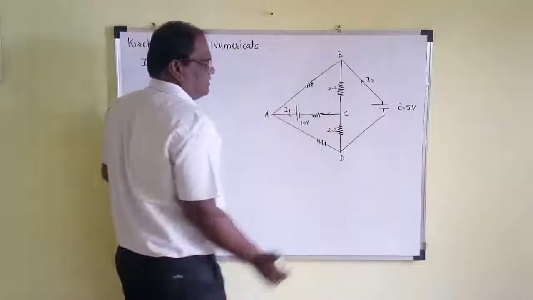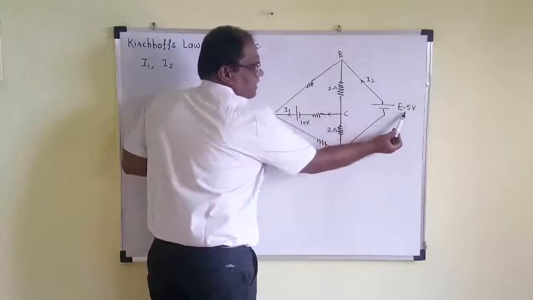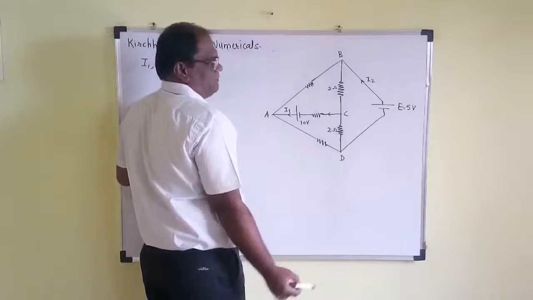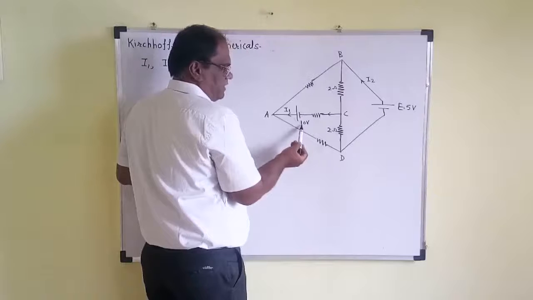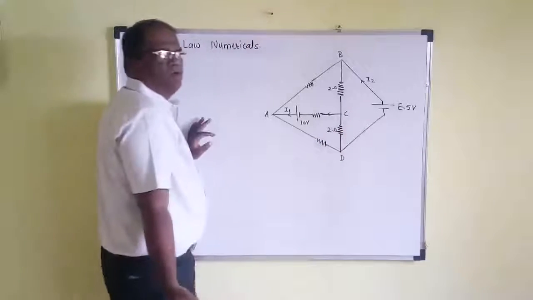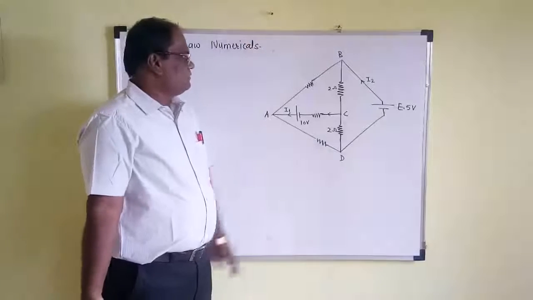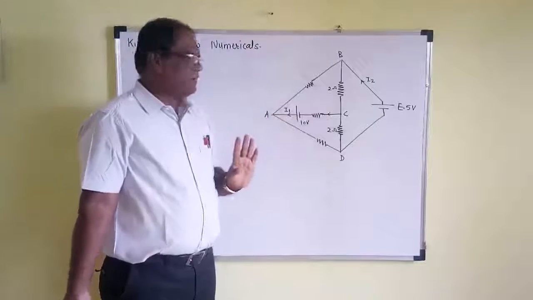See here, there are two batteries, 10 volt and 5 volt battery. Let I1 be the current supplied by the 10 volt battery, I2 the current supplied by the 5 volt battery. We know that current flows from positive to negative terminal of the battery.